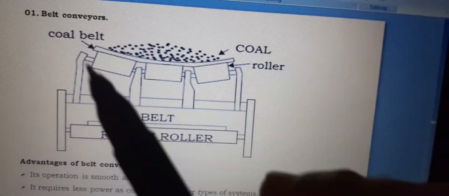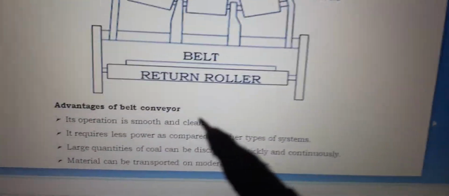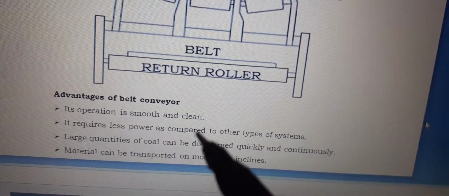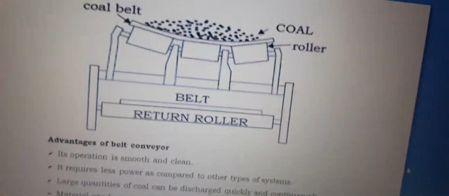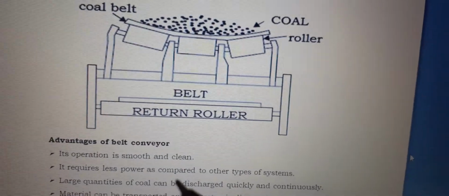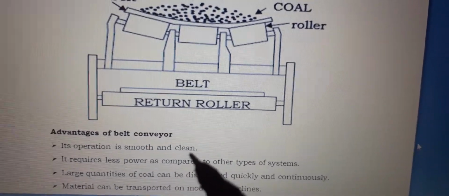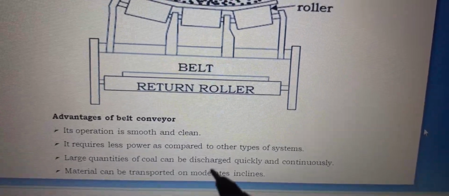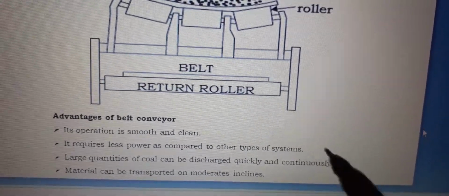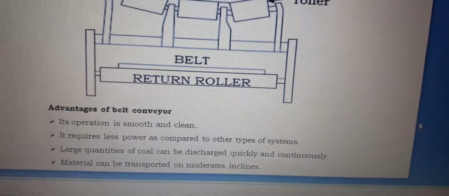Advantages of the belt conveyor: its operation is smooth and clean. It requires less power as compared to other types of systems. Large quantities of coal can be discharged quickly and continuously. Material can be transported on moderate inclines.